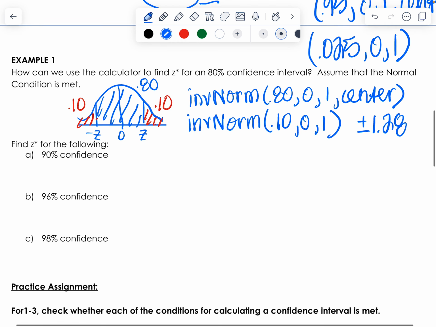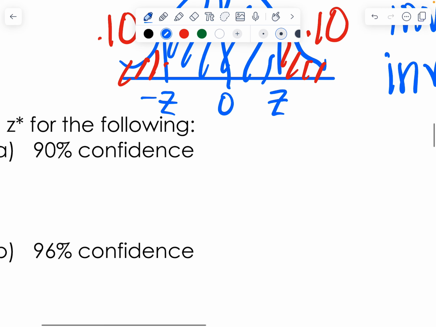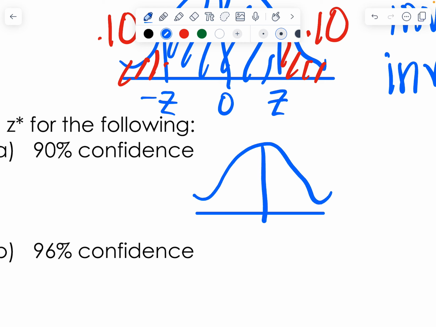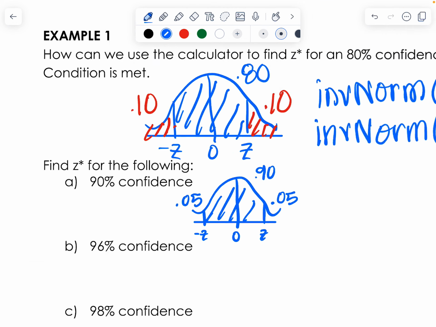All right, and so if you're watching this, and you are filling out the notes, I would encourage you to press pause and try A, B, and C on your own before you just watch me do it. But I'm going to keep going so that you have a chance to follow along or check. Okay, so 90% confidence. I draw the curve every time. 0, negative z, positive z encompasses 90%, which means on either side we have 5%, 0.05.